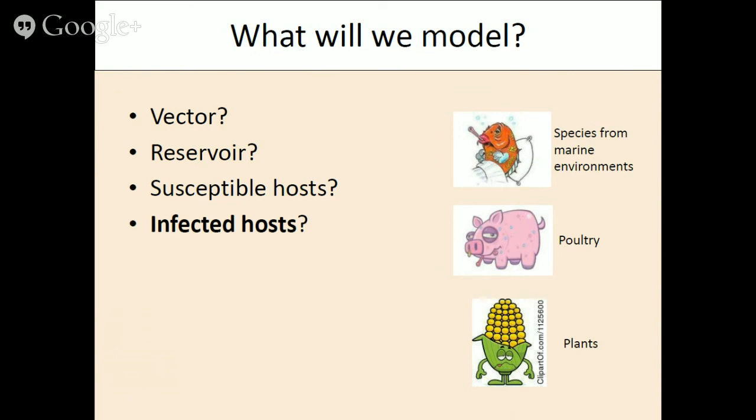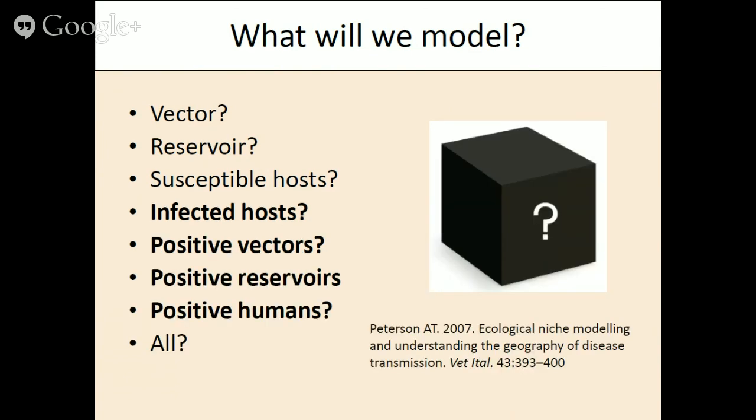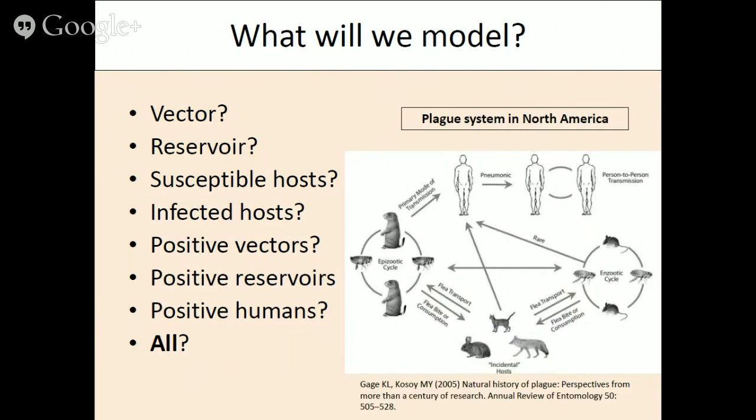When we have only data from infected hosts, we can talk about the black box according to Peterson 2007, in which we are modeling maybe the infected host or positive human cases, and we can have an approach of what is happening in the system, but we do not have the complete picture. But it's a first step to do research and to identify key areas for surveillance, for example. Or in the more complex cases, we can model all the actors in the system.